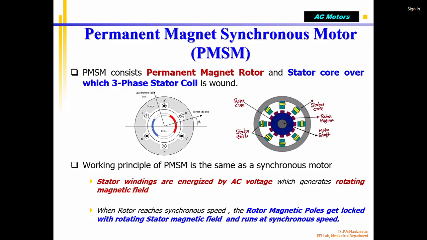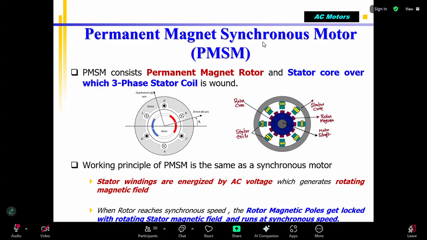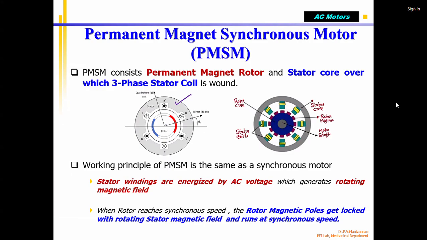Whenever you say synchronous motor, it is not self-starting. Self-starting is not possible in a synchronous motor, whether it is a regular synchronous motor or a permanent magnet synchronous motor. You give 3-phase voltage, and the permanent magnet rotor is rotated so that NR is the same as NS. Then it gets magnetic lock.